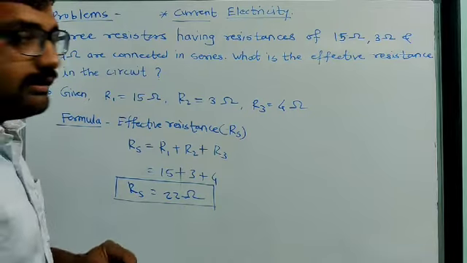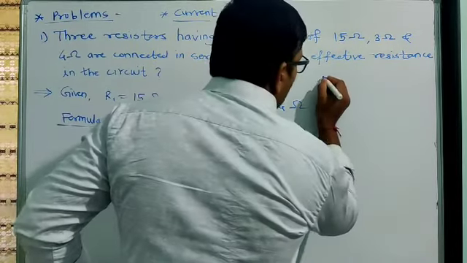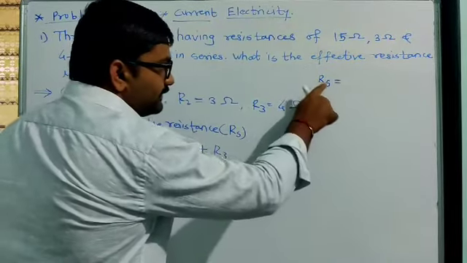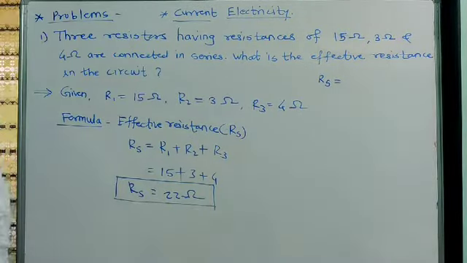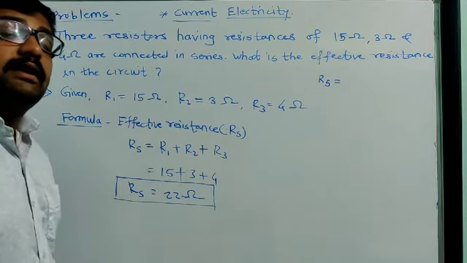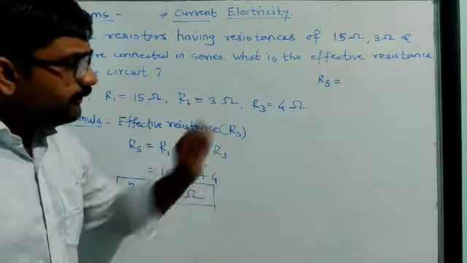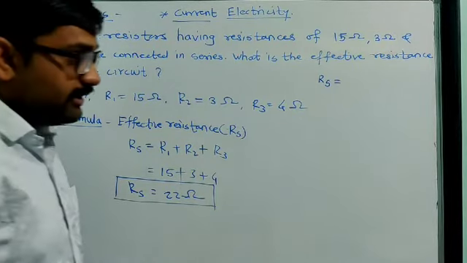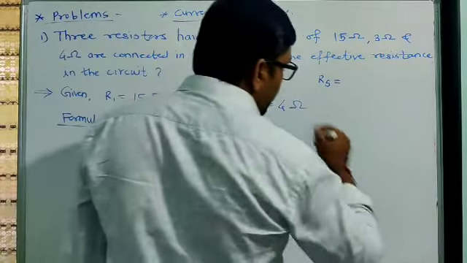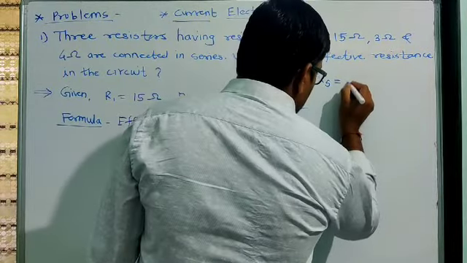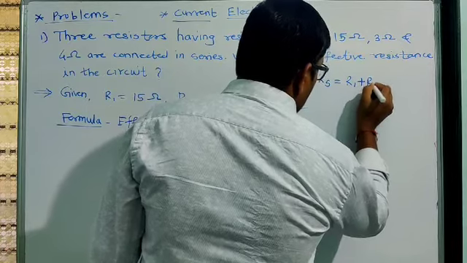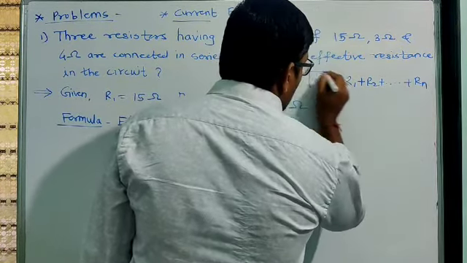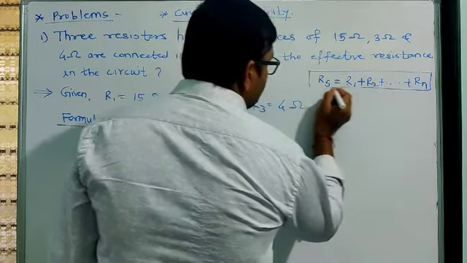So we already studied, if two or more resistors are connected in series, RS means what? Equivalent resistance in series connection. If n number of resistors are connected in series, at that time the equivalent resistance of all the resistors will be equal to the addition of all the resistors.